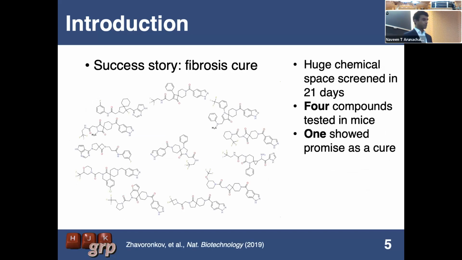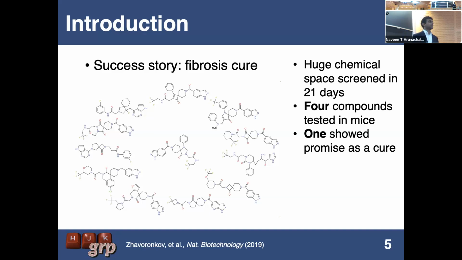So I'll show you an example of a success story of using computation to screen candidates. In 2019, Zhavoronkov et al. used machine learning and computational chemistry to screen through a large pool of fibrosis cure candidates.